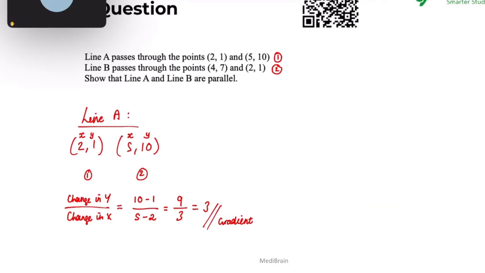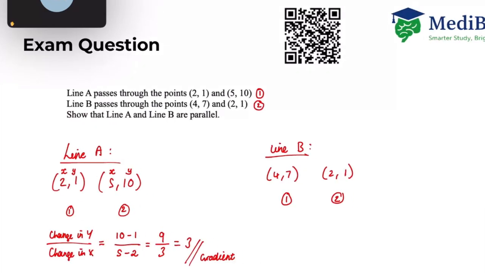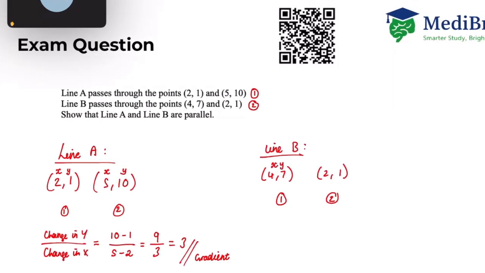Okay, now let's deal with line B. We need to work out the gradient of line B. We're given two coordinates, (4, 7) and (2, 1). We're going to label this 1 and 2. The first number is the x, second is y. And again, you're going to do the change in y divided by the change in x.